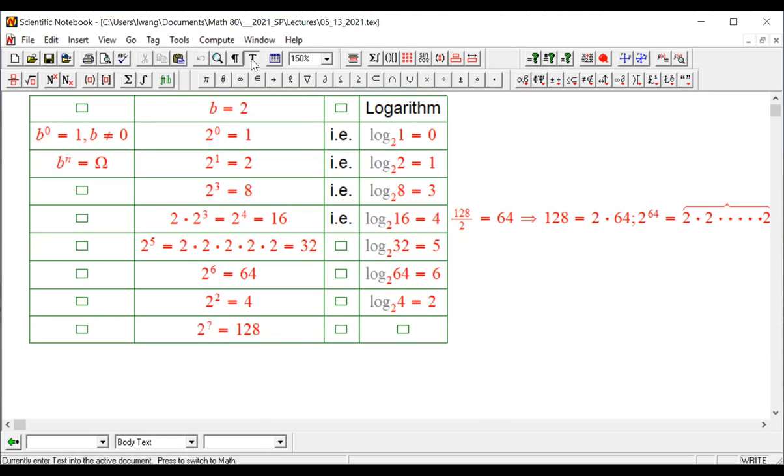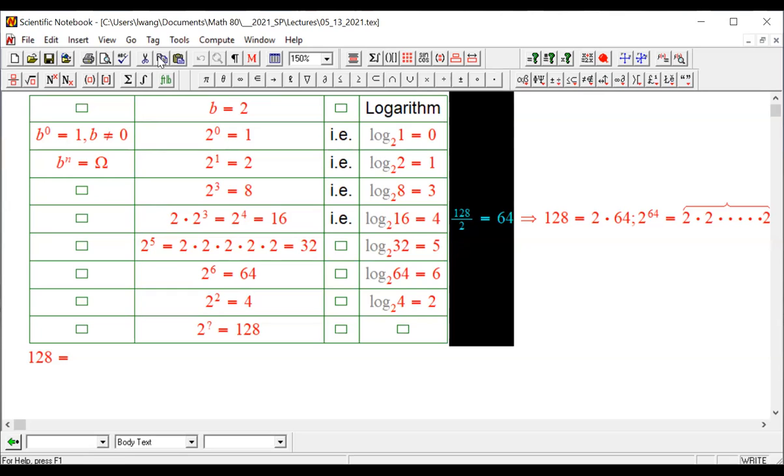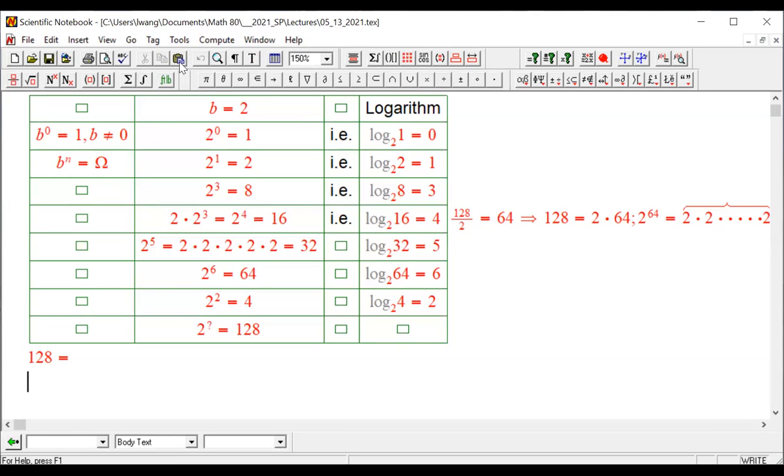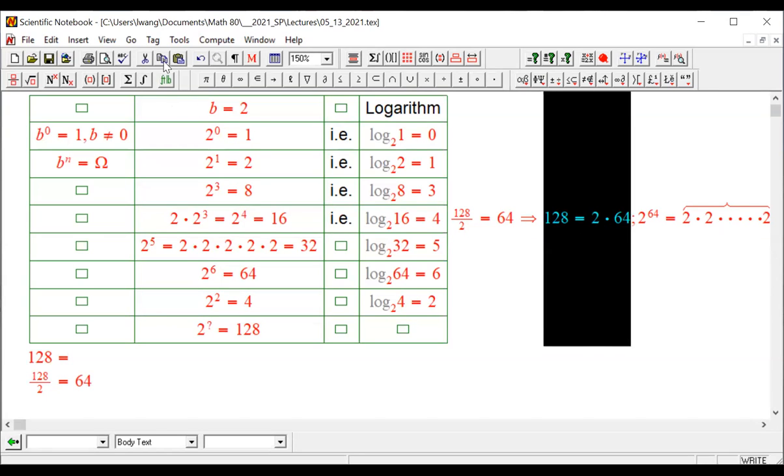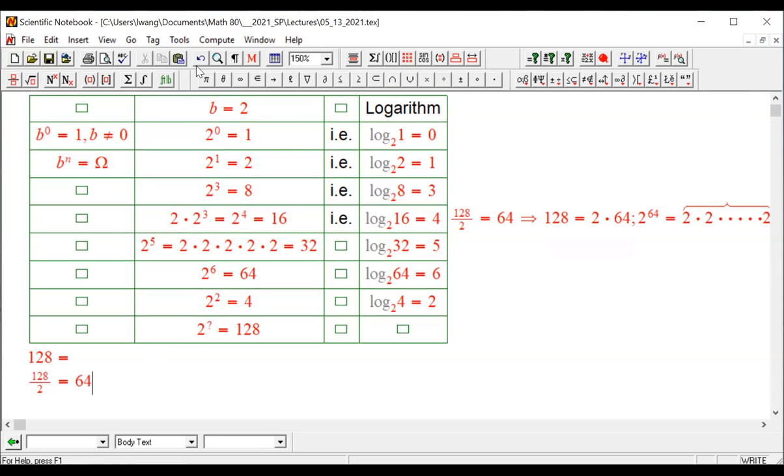First of all, I have 128, right? And you just noticed that you told us that 128 divided by 2 is 64. And this will lead us to 128 is 2 times 64.